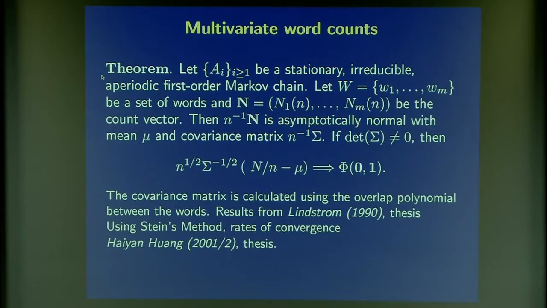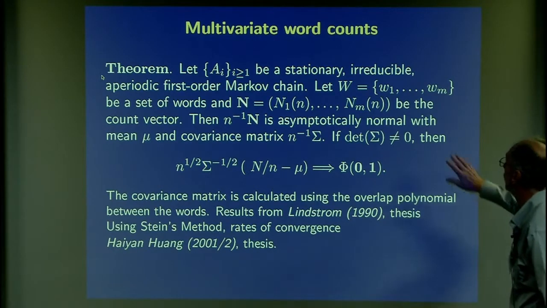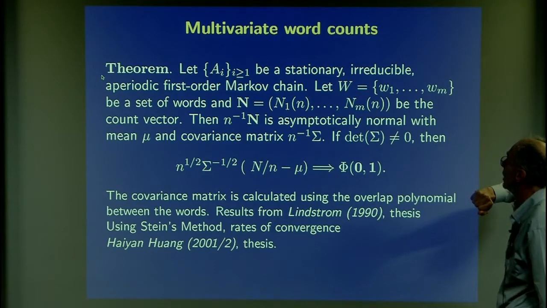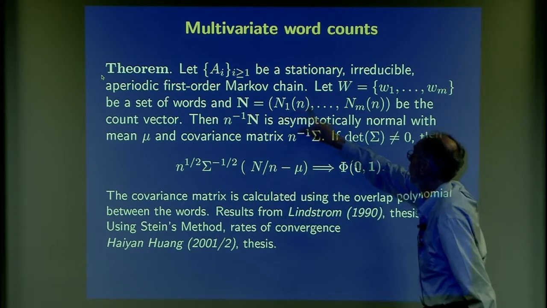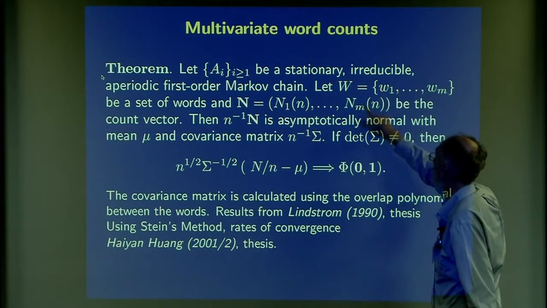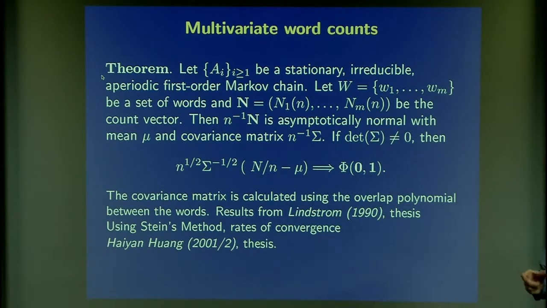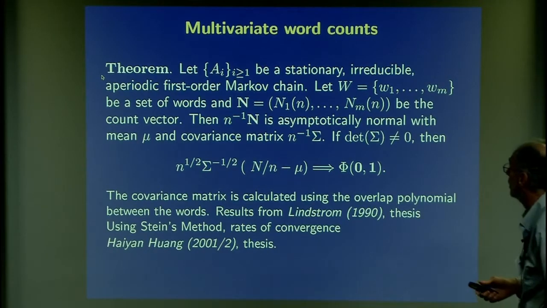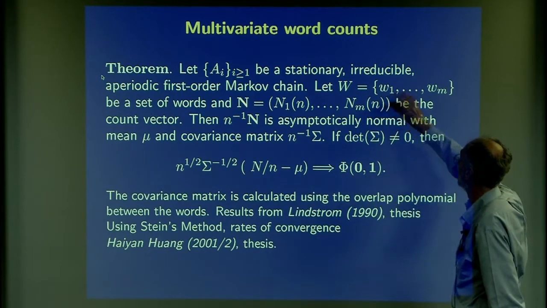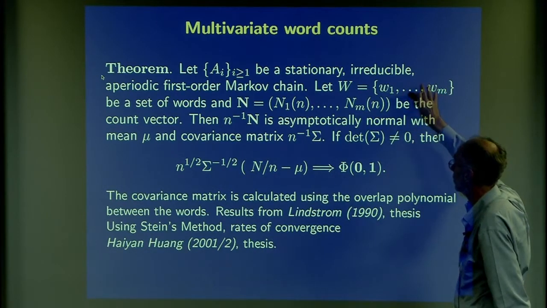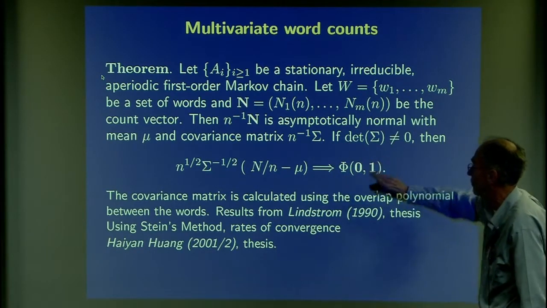And in multivariate word counts, you have a set of words, more than one, and you want the multivariate normal approximation for the number of times word 1 occurs up to the number of times word m occurs. And these overlaps I was talking about, you could talk about the overlap between 2 different patterns, because they would influence one another for the dependencies. So there's a variance covariance matrix that you get from looking at the overlaps between and among this set of words, and you get kind of a classical central limit.